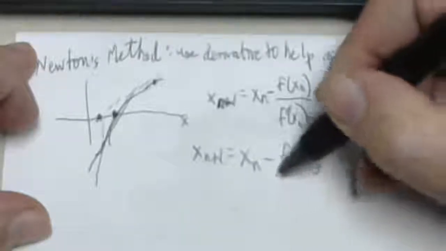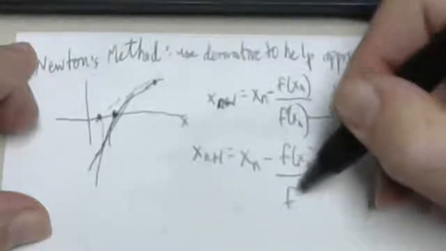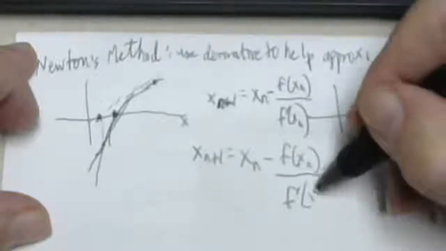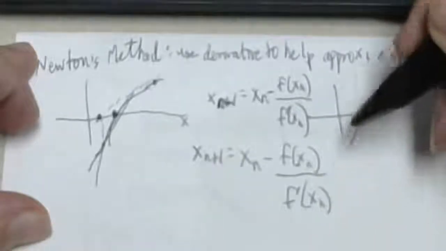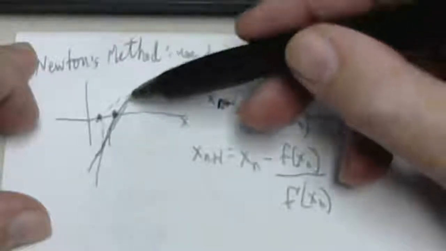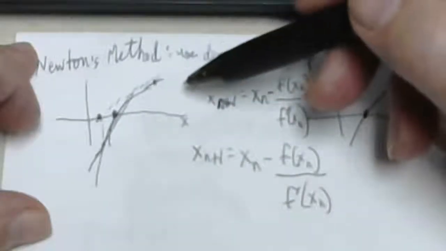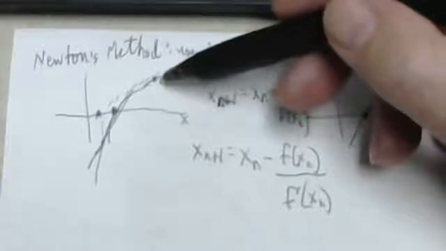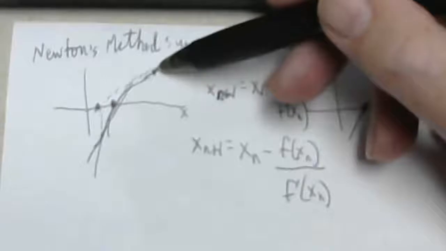In addition, in order for this to happen, we have to know the derivative at a particular point. I need to know the derivative here in order to know what this tangent line is. If the function is fairly complicated, it's going to take some complicated math for me to know what that number is.